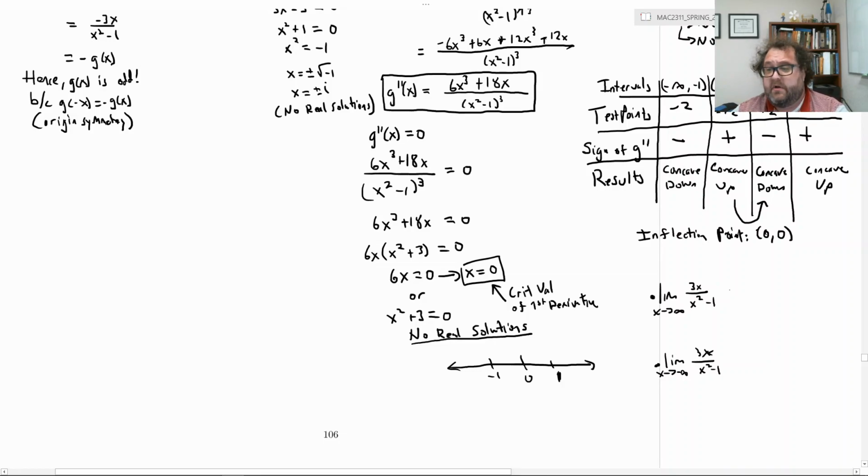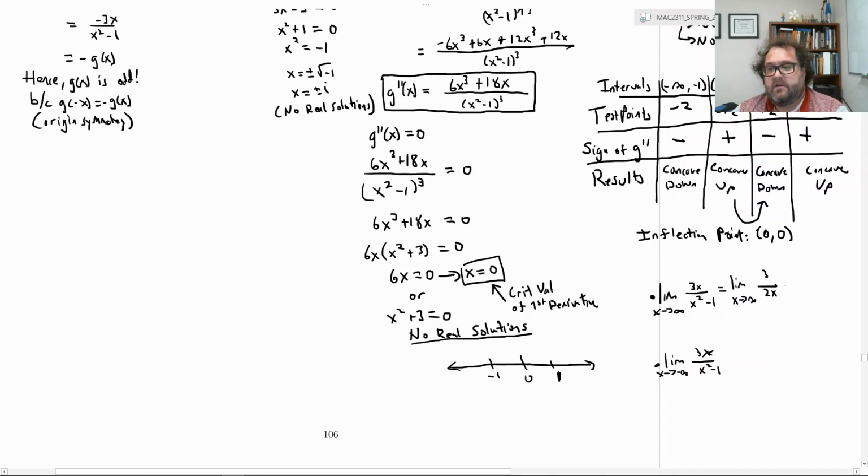But if you use L'Hopital's rule, notice that if you're looking at the limit as x goes to infinity, both the numerator and denominator are increasing without bound towards infinity. So it is an infinity over infinity indeterminate form. We could take the numerator derivative and denominator derivative according to L'Hopital's rule, and we get 3 over 2x.